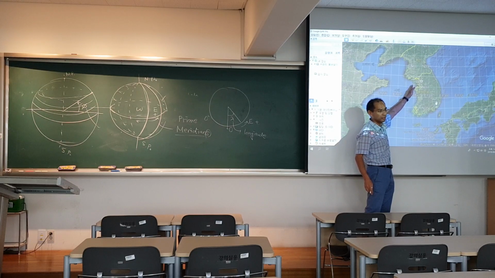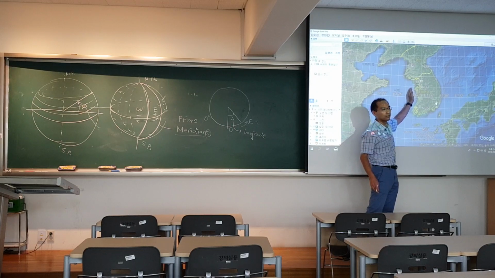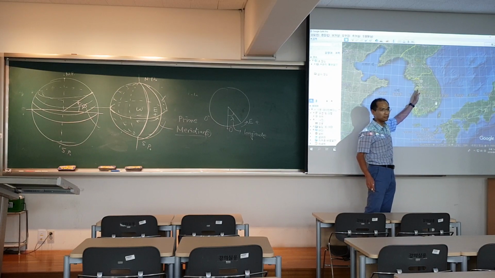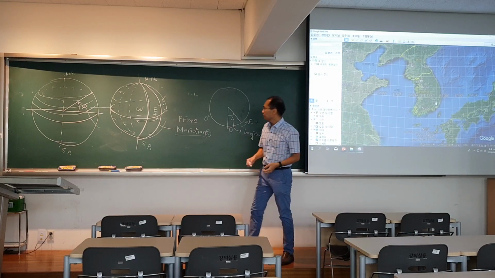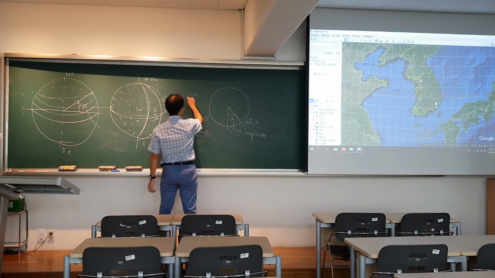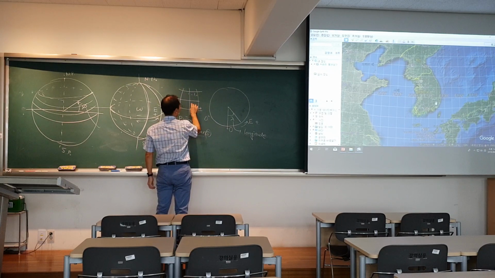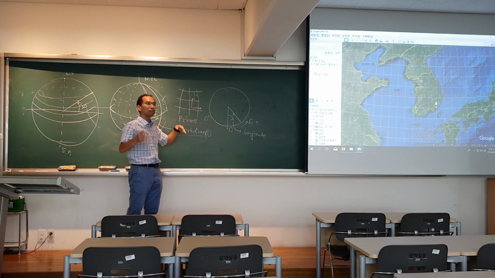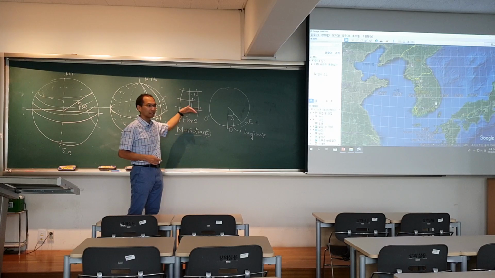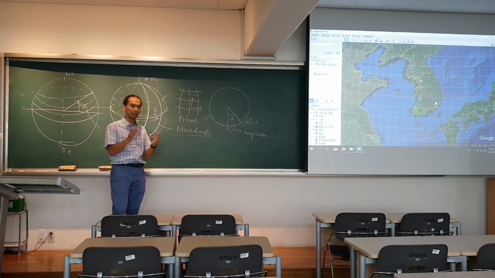If your latitude decrease, you're going down. If your longitude increase, you go east. If your longitude decrease, you go west. So, in some sense, the longitude is similar to your x-axis, and the latitude is similar to your y-axis, but they're not identical. You can just think it's similar.